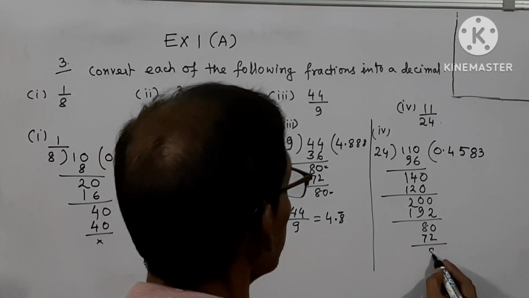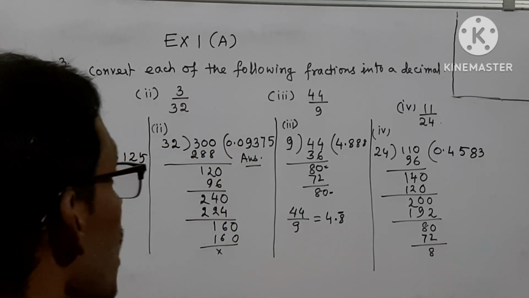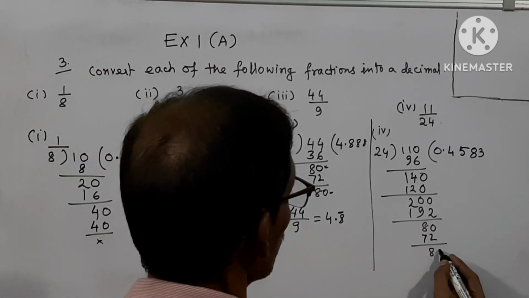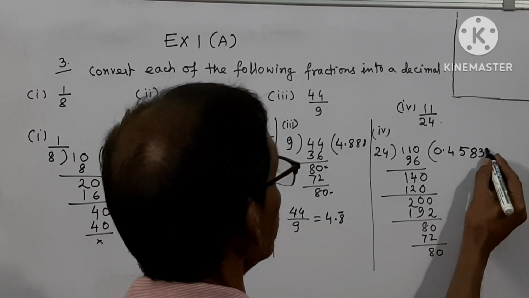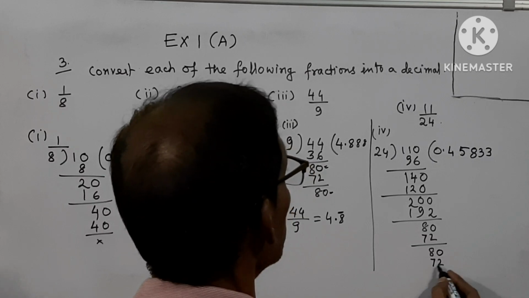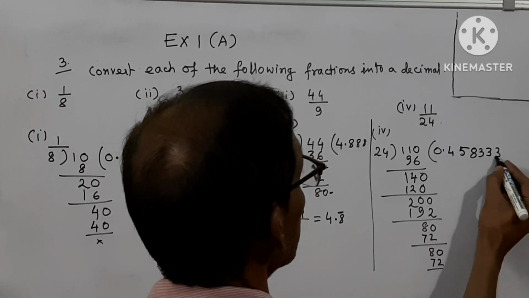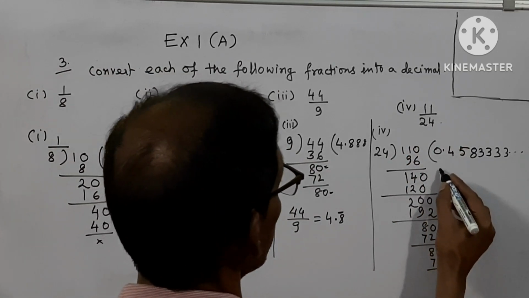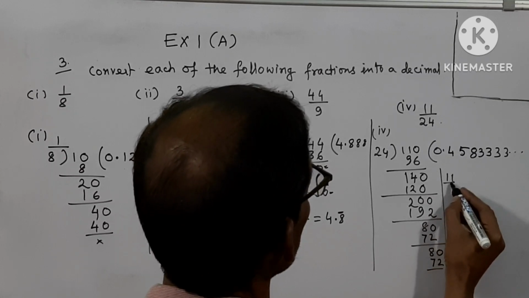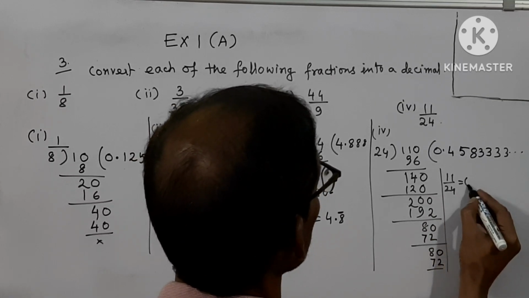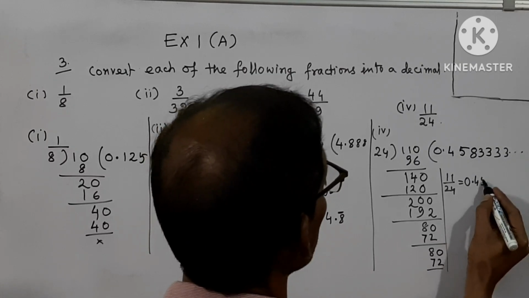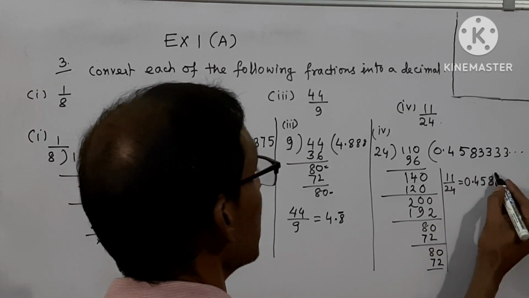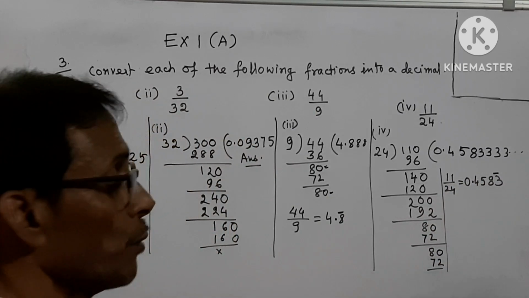Then again you are getting 8. Now see, if you put 0, then again 3 and 72, that means this 3 will keep on repeating. That means 11 by 24 is 0.4583, and 3 is getting repeated. That means only on the 3 you have to put a bar.